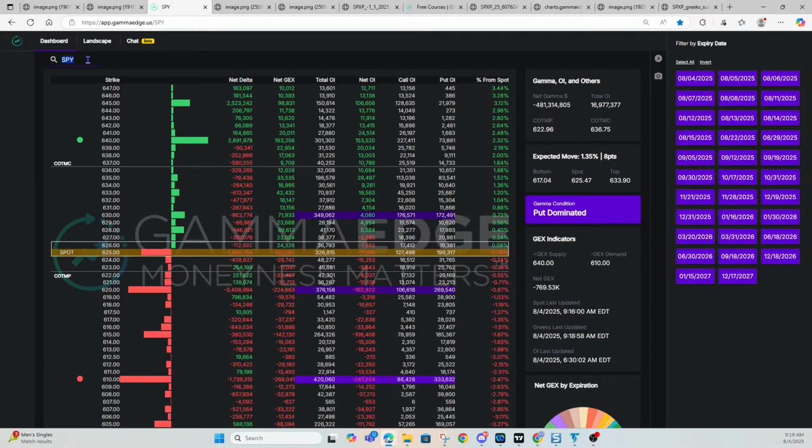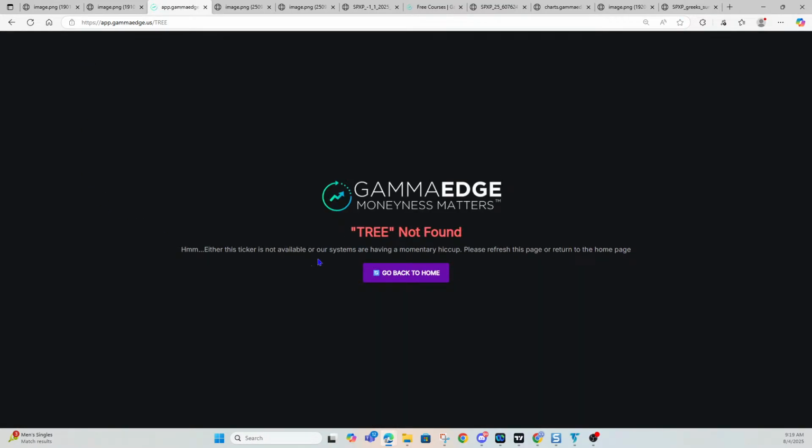Oh yeah, that makes sense. Sorry, it's been a while since I looked at LendingTree. Let's see. Yeah, so TREE is not in our database or our universe, I guess it is. We could add it. I'm not sure what the OI is on TREE. I would say it's probably low.